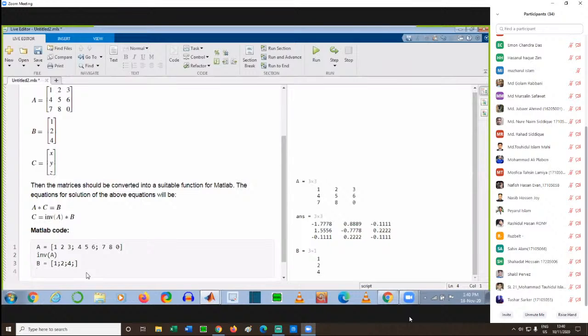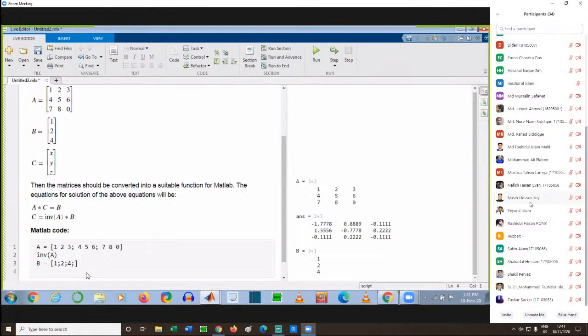If we want to define it, then you have to write syms x y z, because those are variables. You can directly find the result of C equal to inverse of A into B. Is that okay? Did you get my point? C equal inverse of A into B. We already know that C equal xyz, you don't have to define that.